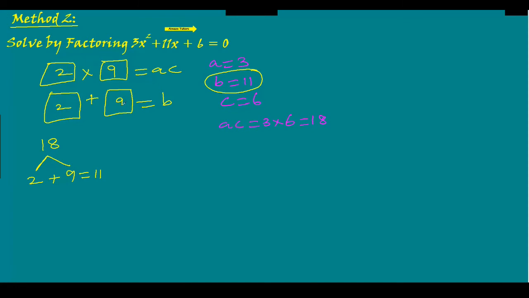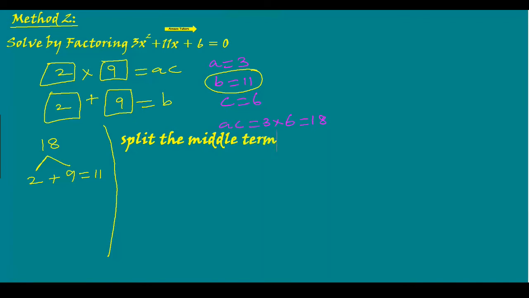2 and 9. Okay, after finding the two numbers, method 1 is different. In method 2, we split the middle term using the two numbers which we just found out. So we are going to rewrite the middle term using the two numbers.